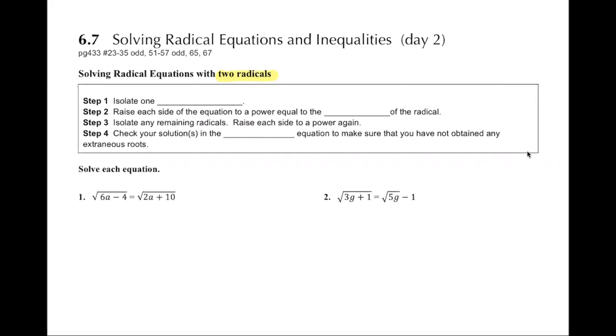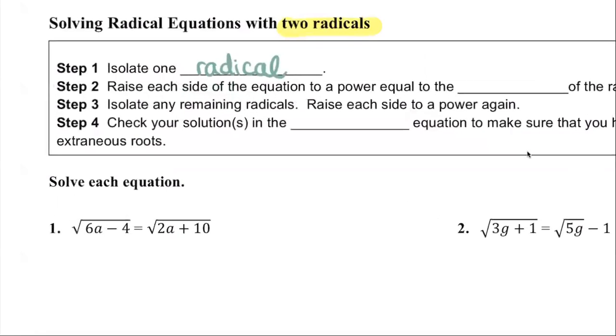Step one is you want to isolate one of the radicals. Okay, if you see two of them, just isolate and get one radical all by itself. And I usually will isolate the more difficult radical.